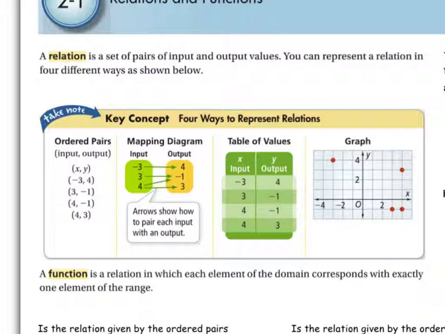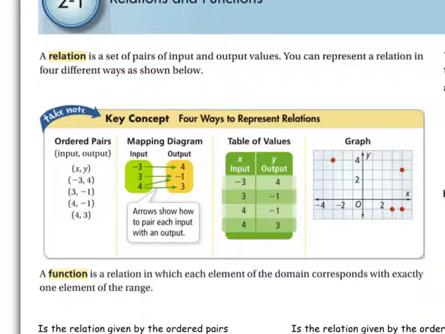Well, a function is a relation, but it's where the input has only one output. I like to think of functions as a machine.